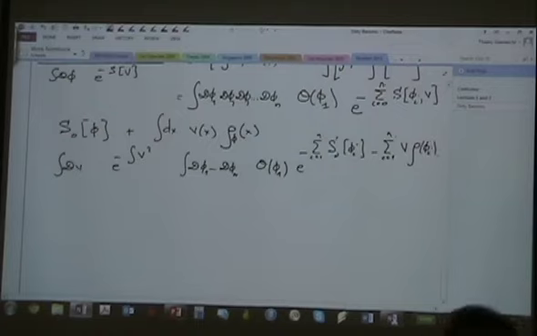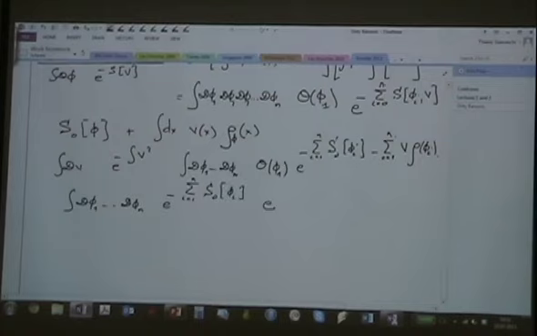But now it's very simple because I have this and I have the square, so let me complete the square. And what I get, the integral over dV goes away, is the integral dφ1 ... dφn of exponential of minus the sum from i equals 1 to n of S0 of φi, times exponential of minus the square of the sum from i equals 1 to n of ρ of φi, squared, times D, where D is the amplitude of the disorder.